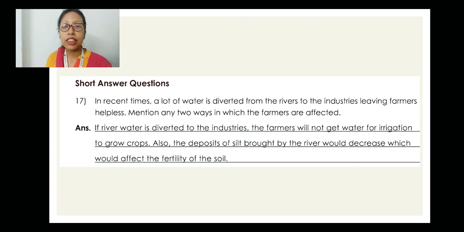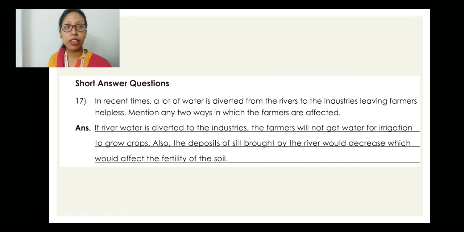They need water. To fulfill their requirement, they divert the water and connect it to the industry. Industries use lots of water on a daily basis. So farmers get less water for cultivation.